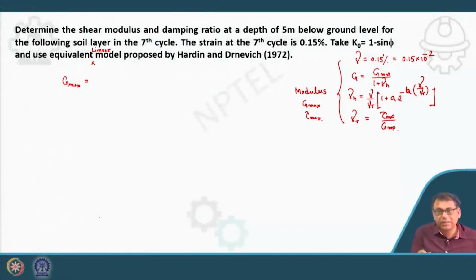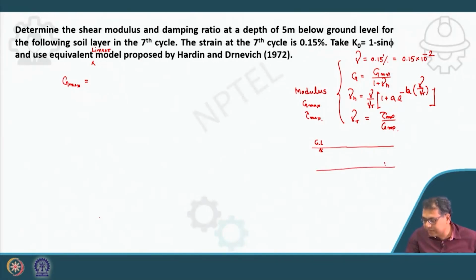Before that, let me give the soil layer condition. This is your ground surface, GL, and the water table is at 2 meter below the ground surface.